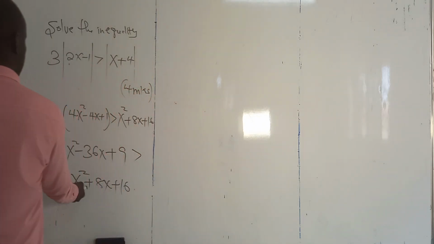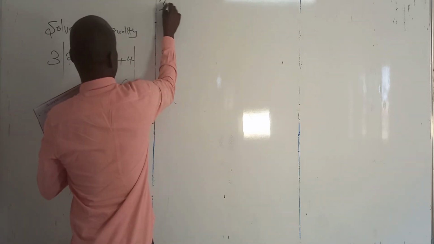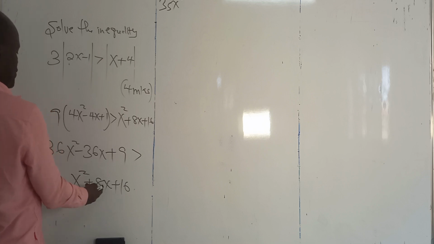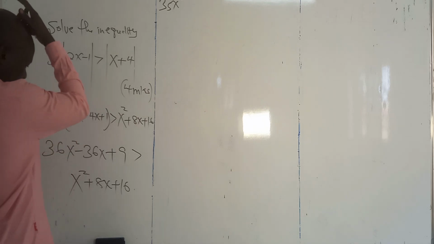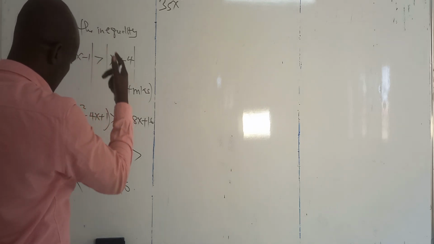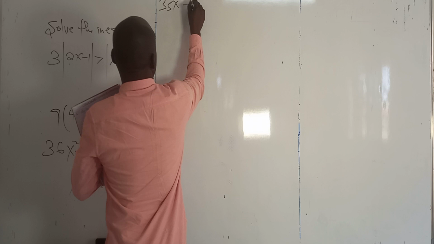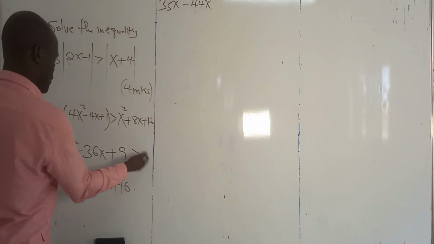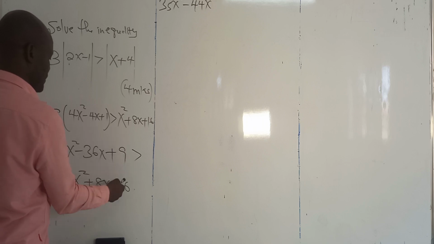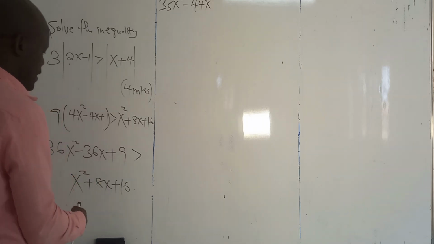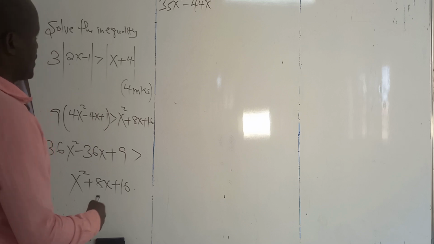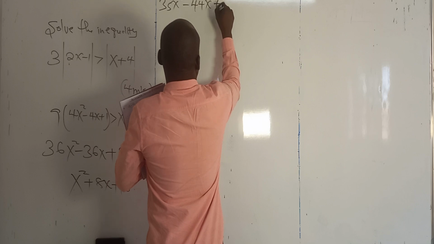Now collecting like terms, this will cross, and then I get 35x squared, and then this will also cross. Being positive, if it crosses, it becomes negative, so it's minus 44x. This should also cross, so it's going to be 9 minus 16, which is minus 7. So I get here plus 7.